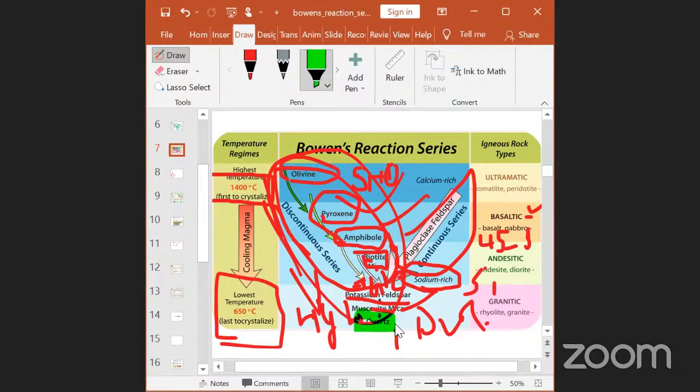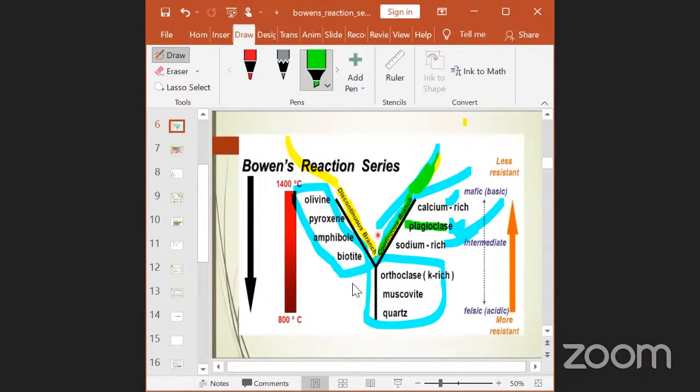I hope you understand how we can switch from basic to acidic magma, by doing some modifications in between, like removing some of the early phases.